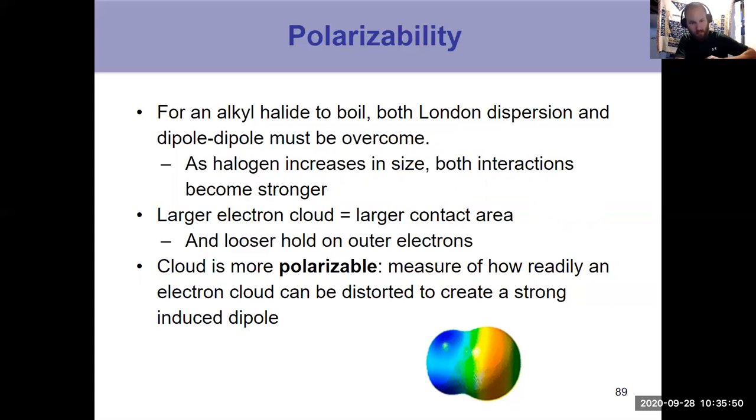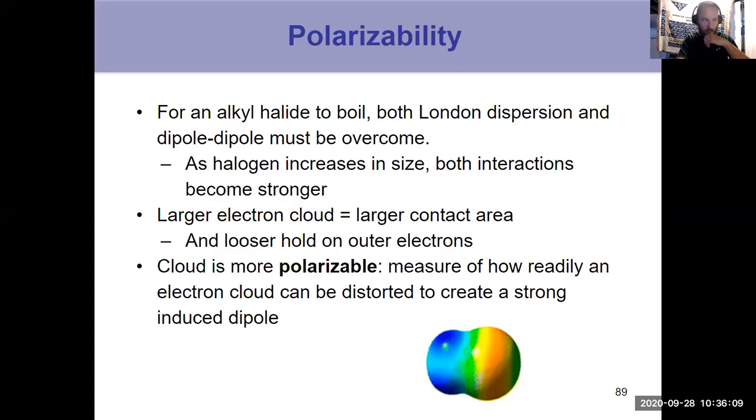And what's key to note is as the halogen increases in size, both those kinds of interactions become stronger, which is a key idea. As you go down group 17, your halogen becomes larger. Both of your interactions become stronger.